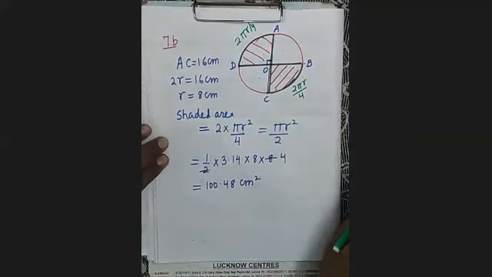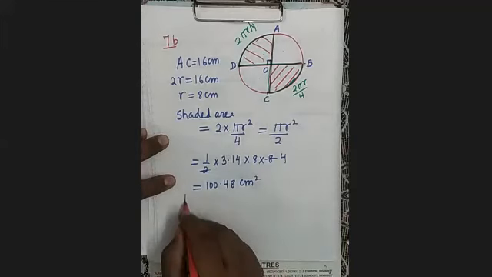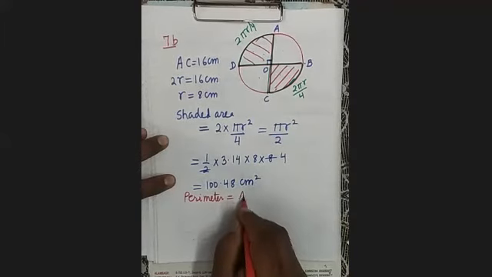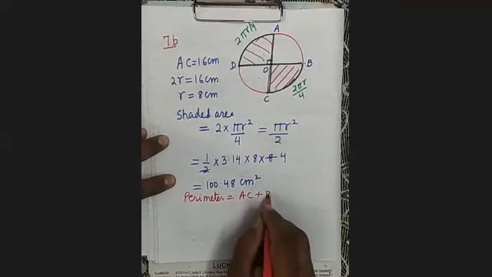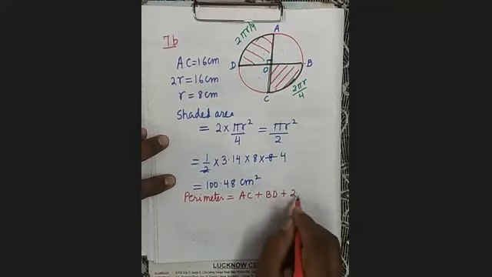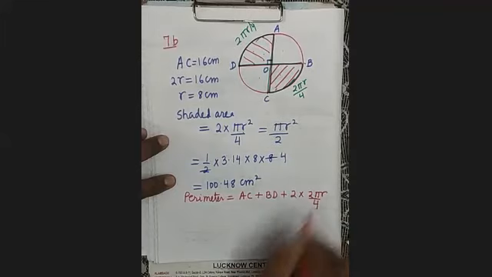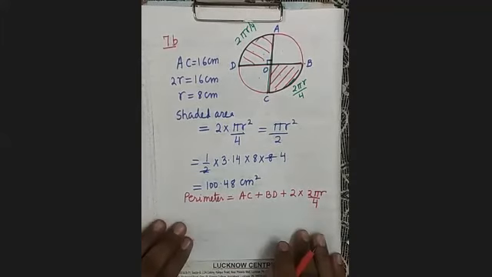So what will be the perimeter? You can write here. Perimeter will be equal to AC plus BD plus 2 times 2 pi r upon 4.